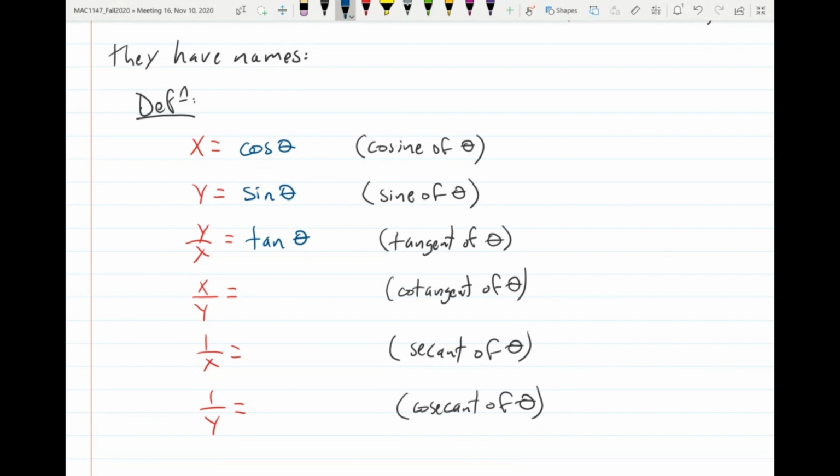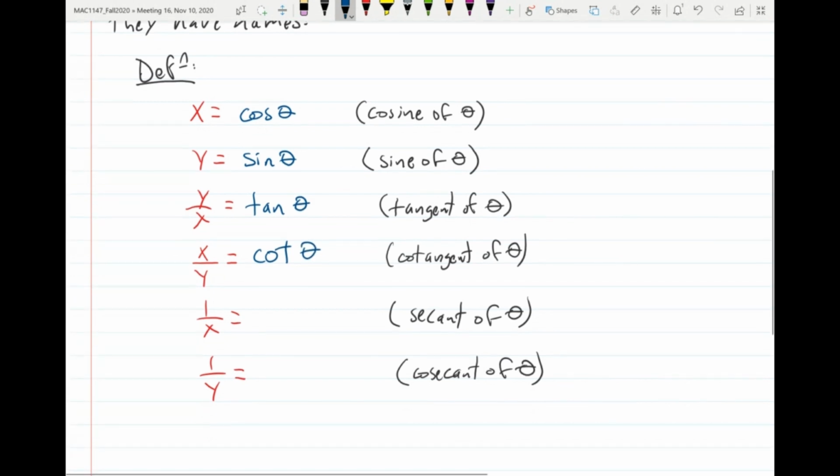For cotangent, we use COT. For secant, we use SEC, and for cosecant we use CSC. So these are the six trigonometric functions.